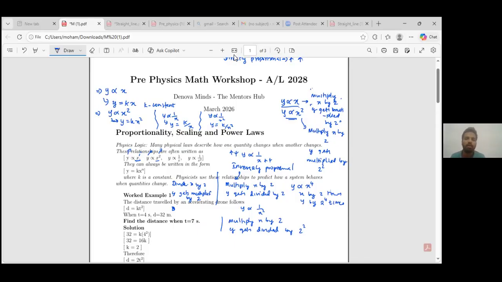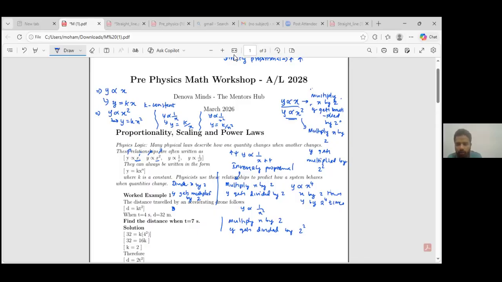First, you should understand how proportionality works. You have both types: one is directly proportional, the other is inversely proportional. If it is directly proportional, if you multiply one quantity, the other quantity also gets multiplied.